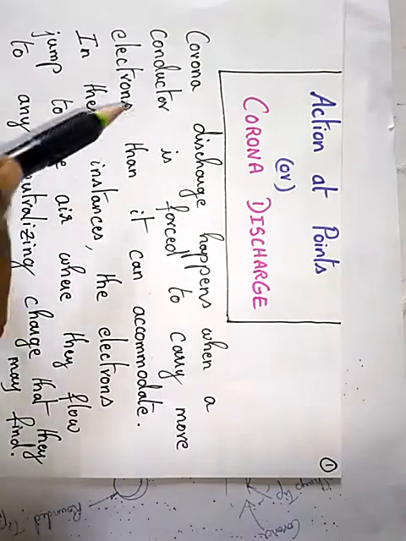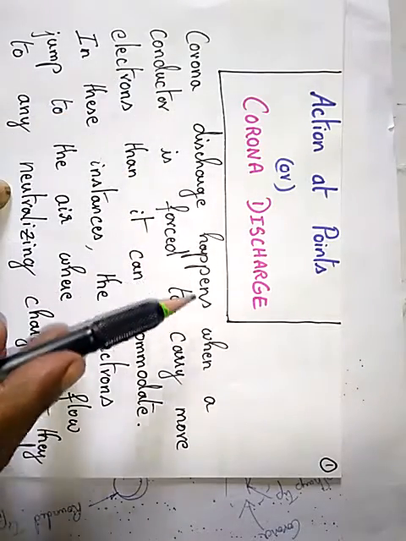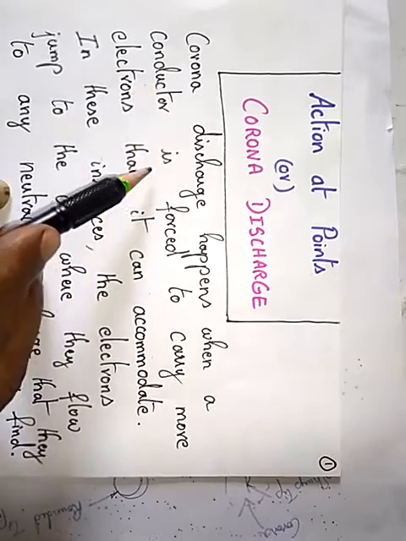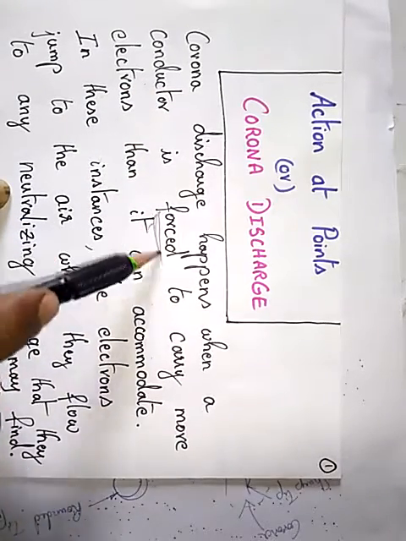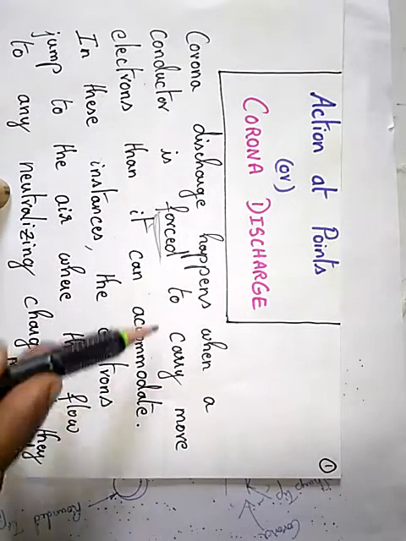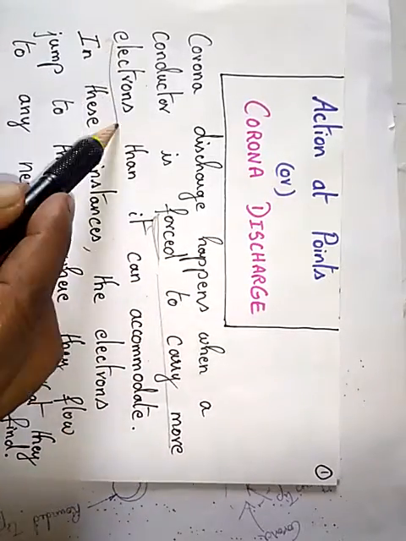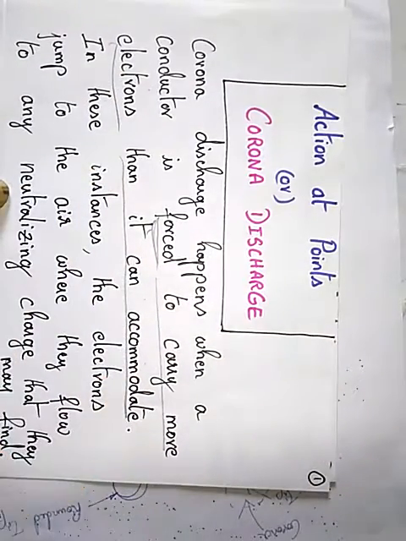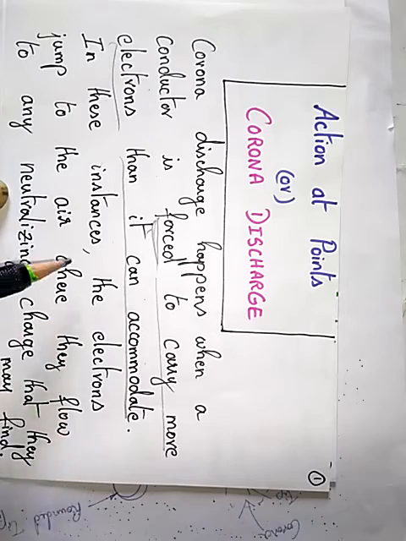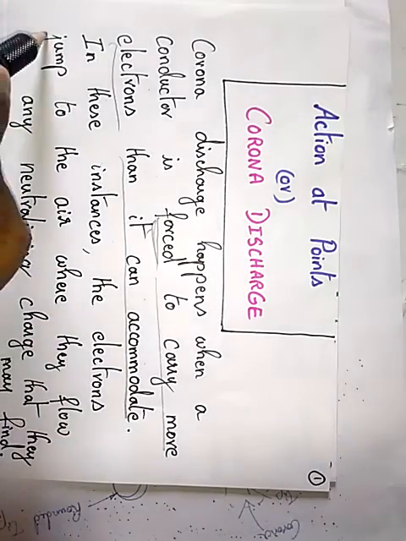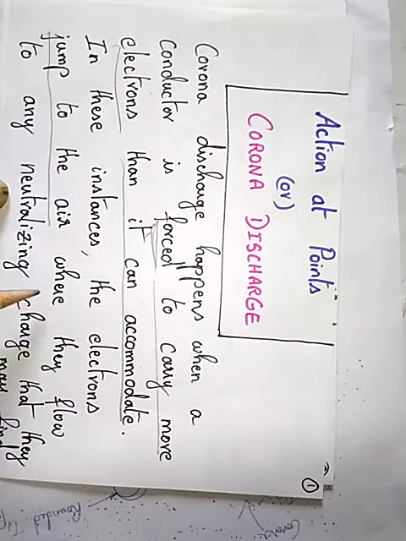Once again, corona discharge happens when a conductor is forced to carry more electrons than it can accommodate. In these instances, the electrons jump to the air where they flow to any neutralizing charge that they may find.